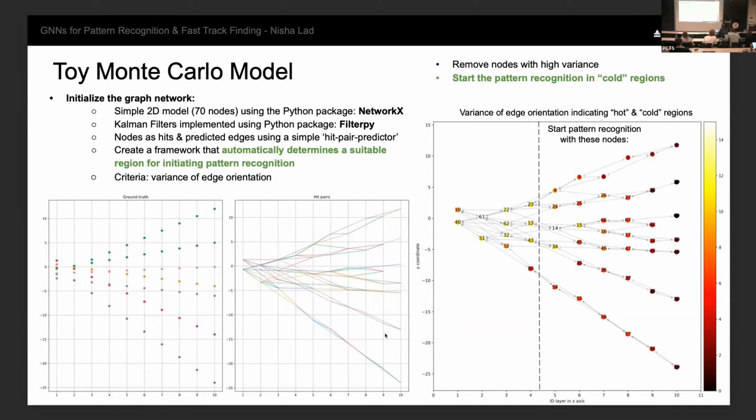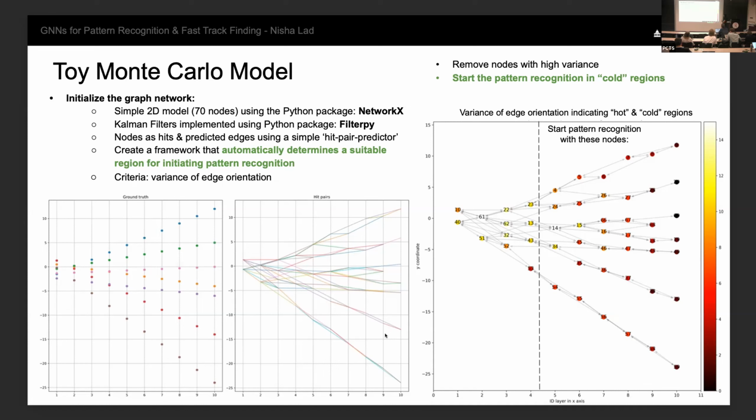So here's a good example of this. I don't know if you can see this very well, but essentially each node is like a heat map. So the white nodes and the yellow nodes show very dense regions where there are many connections, and these nodes have a high variance of edge orientation. And it's very difficult to detect and determine where the local track orientation is because these regions are very dense.